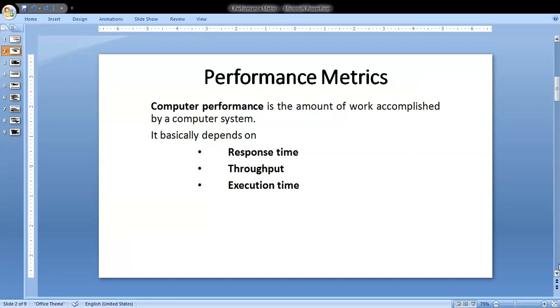The performance is calculated by means of three important things. First one is response time, second one is throughput, and the final one is execution time. There are so many different constraints and sub constraints related to computer architecture performance metrics calculation.